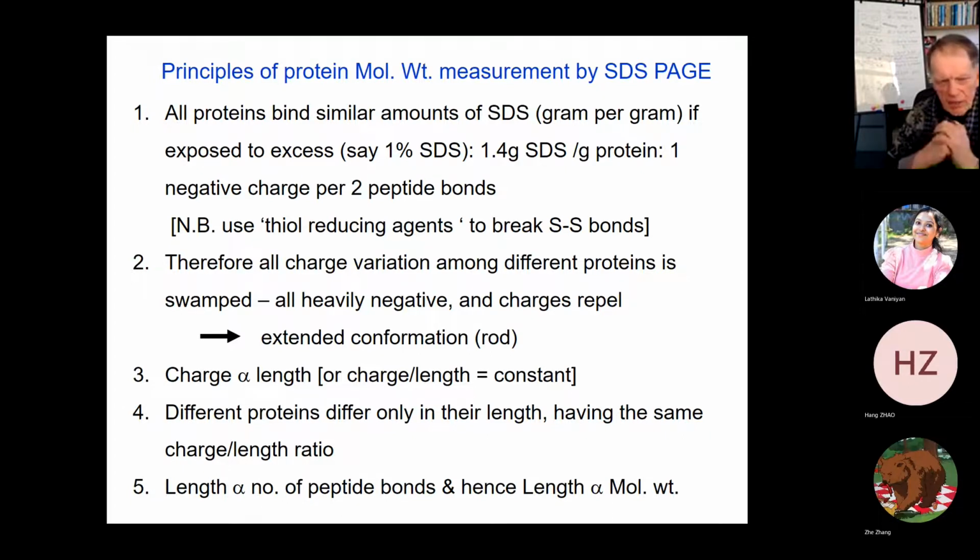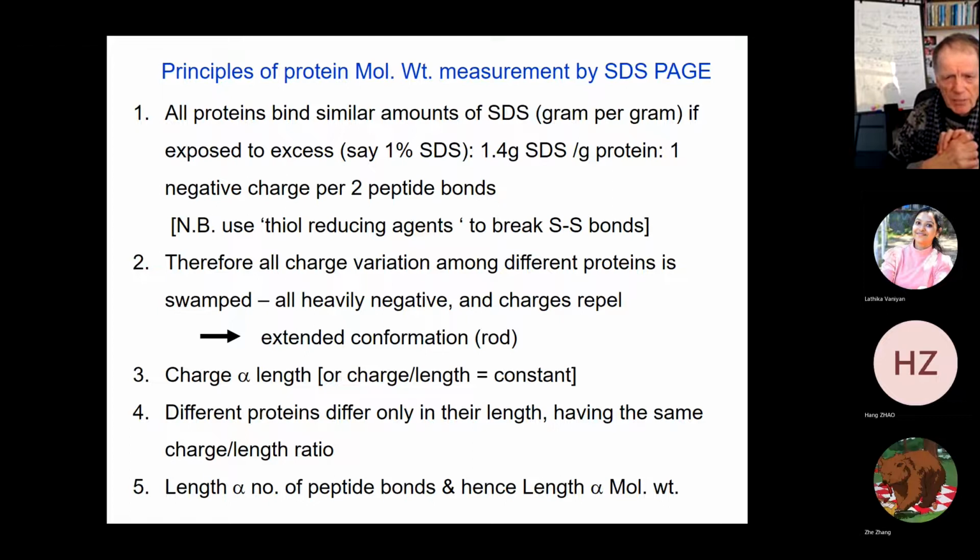And again, this is referred to in the Tom Lowy video. Thiol reducing agents such as mercaptoethanol and dithiothreitol. Now, these are quite nasty chemicals. They don't smell very nice as well, so you have to be quite careful when using these thiol reducing agents, and this is normally done in a fume cupboard.